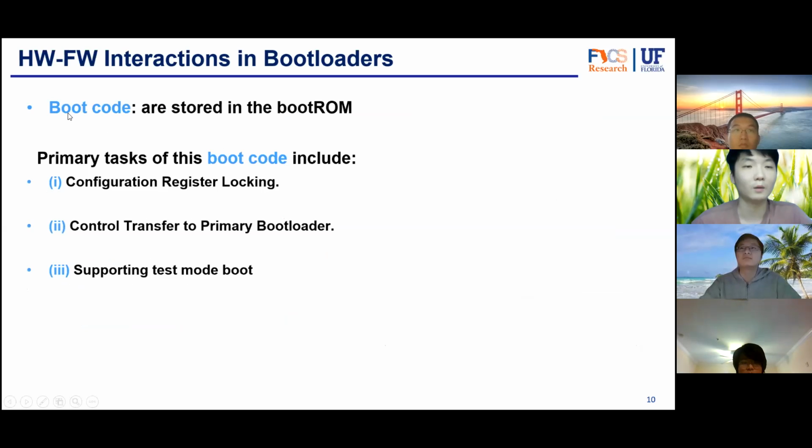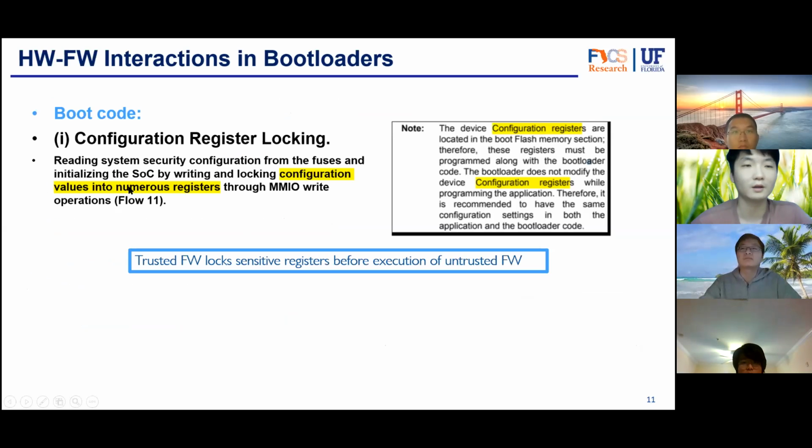As we know, boot code is stored in the boot ROM, and what is the primary task of the boot code? It includes 3 points. The first one is configuration register locking.